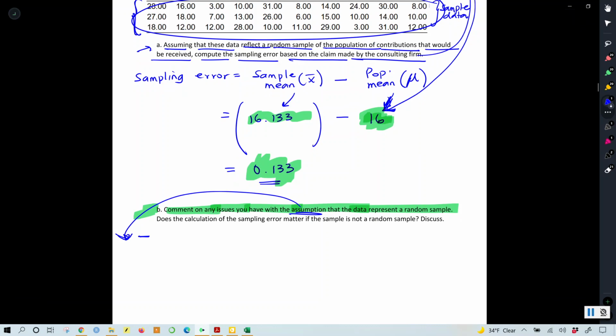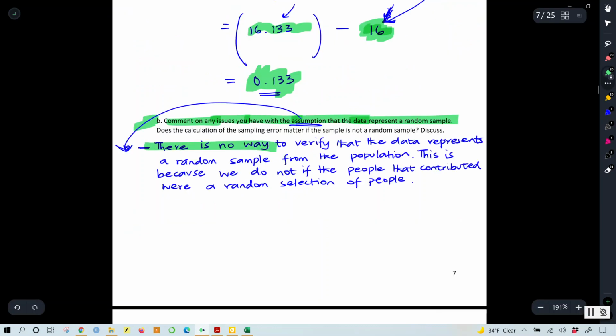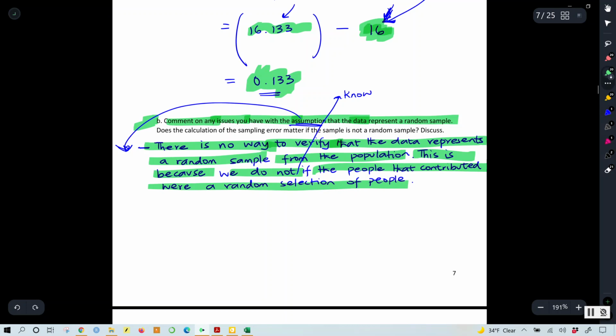So here we go. There is no way to verify that the data represents a random sample from the population. This is because we do not know if the people that contributed were randomly selected or were a random selection of possible contributors.